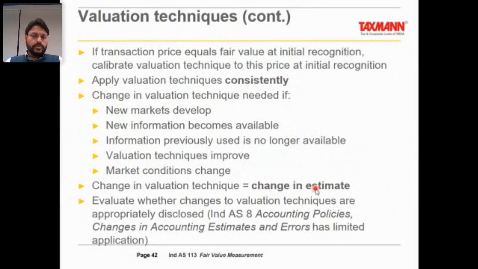A change in valuation technique is needed if a new market develops, new information becomes available, or market information previously used is no longer available. Suppose I was using the market approach for the shares I have in my demat account because those are listed on the stock exchange, but now they are no more listed.